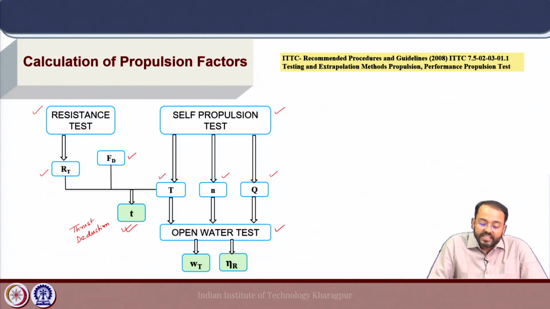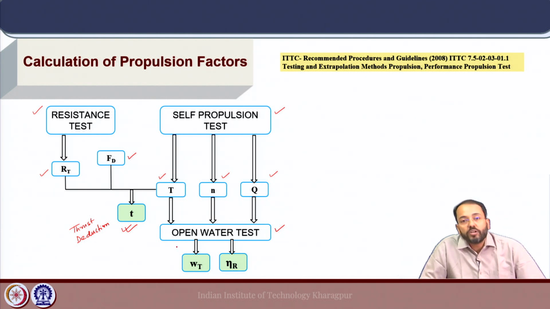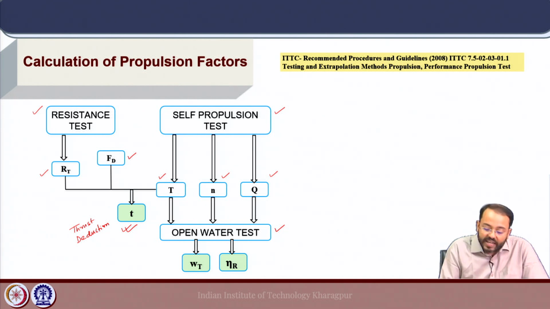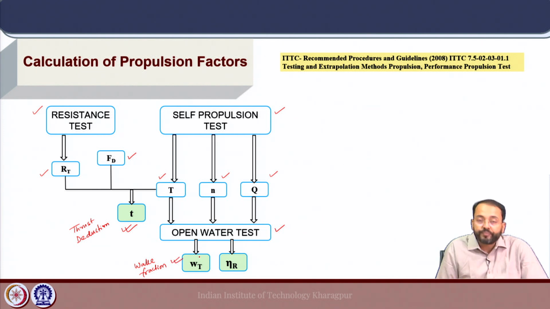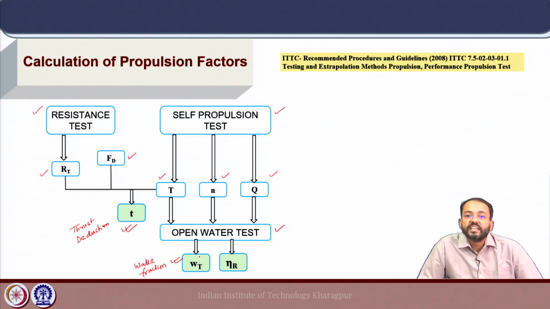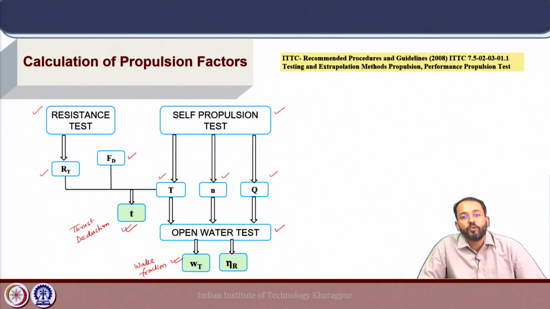The next is the use of the thrust and torque obtained from the self propulsion test. We use the data of the open water test to calculate the wake fraction, so here it is written as Wt, which represents the wake fraction calculated using thrust identity. We have discussed thrust and torque identities and how to apply them to the open water diagram.